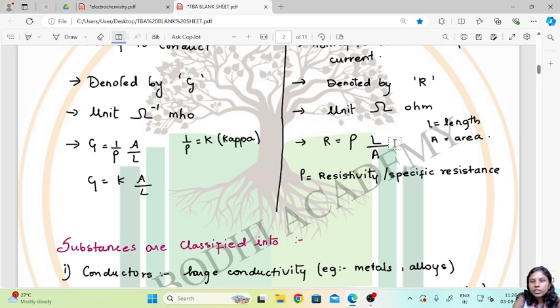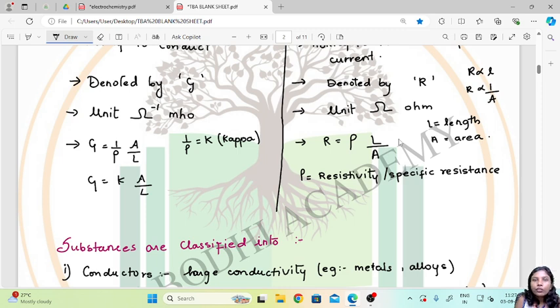Here, R is directly proportional to the length of the conductor and inversely proportional to the area of cross section. Rho is the resistivity, also known as specific resistance.